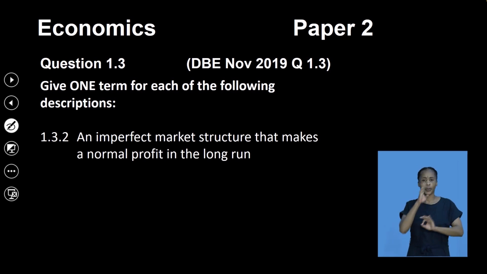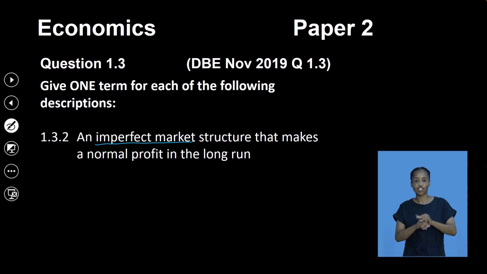An imperfect market structure that makes a normal profit in the long run. We are obviously going to eliminate a monopoly there, because that one experiences supernormal profit in the long run. The same goes for our oligopolies as well.